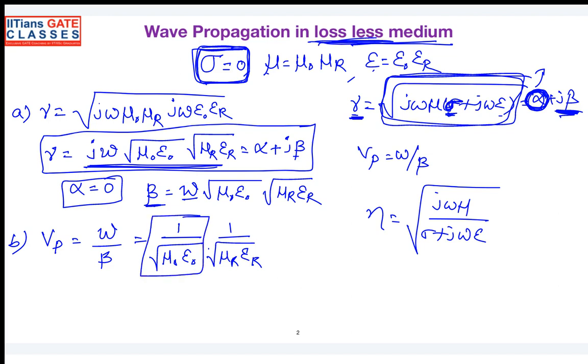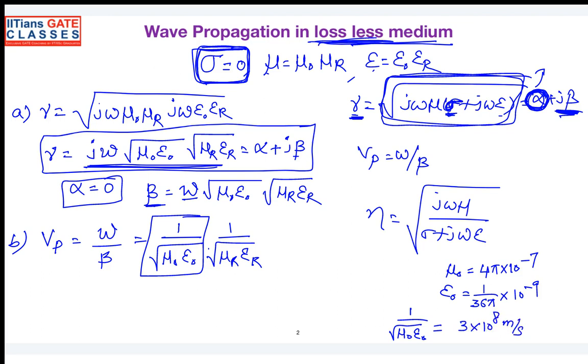You know the value of mu naught is 4 pi into 10 power minus 7, and epsilon naught is 1 by 36 pi into 10 power minus 9. So if you calculate 1 by root over mu naught epsilon naught, this is nothing but 3 into 10 power 8 meter per second. So this is the same as the velocity of light. Just substitute mu naught and epsilon naught, and you can verify whether you are getting 3 into 10 power 8 or not.